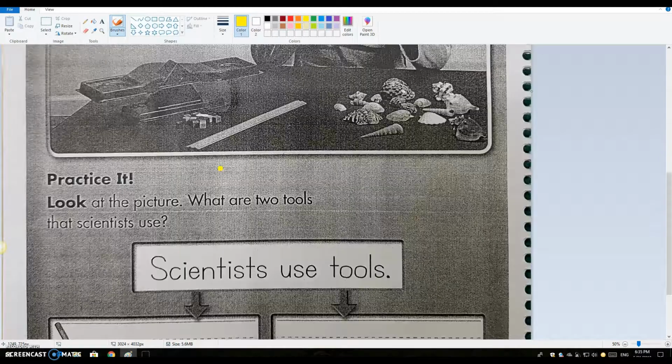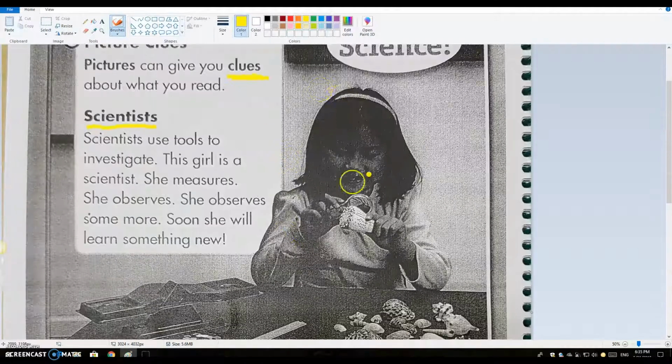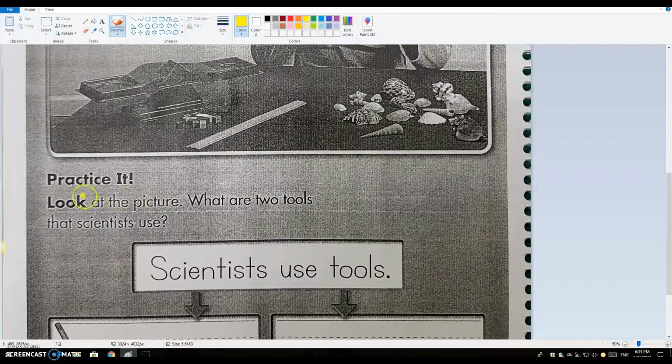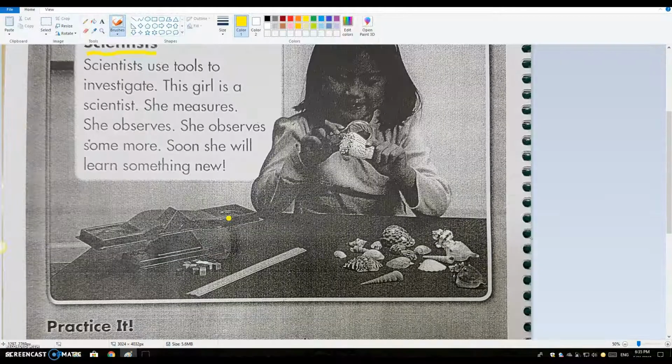Clues. Using this picture, let's look for some clues to answer this question. Look at the picture. What are two tools that scientists use?